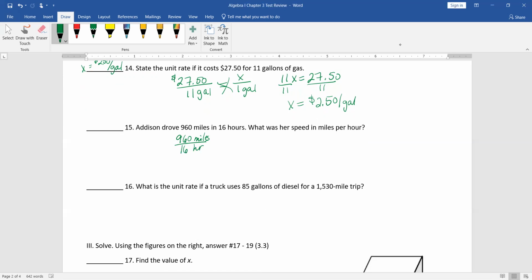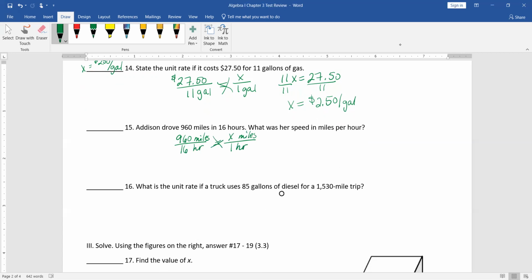Ooh, that'd be crazy, right? Equals how many miles in 1 hour? So in 1 unit of time, 1 hour, how many miles did she drive? That's what we're setting up here. I'm going to ask for those unit rates.